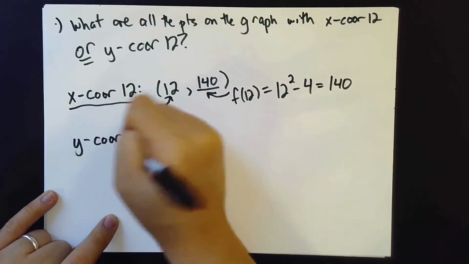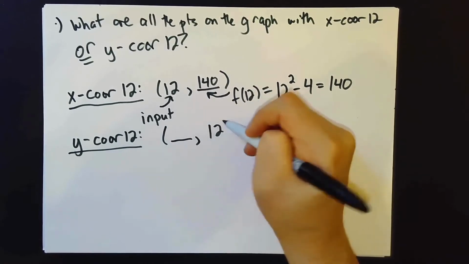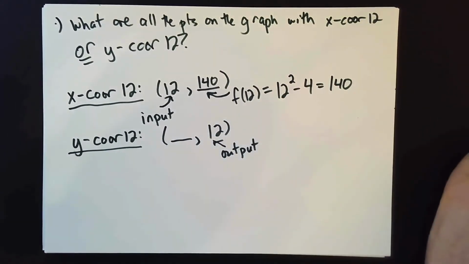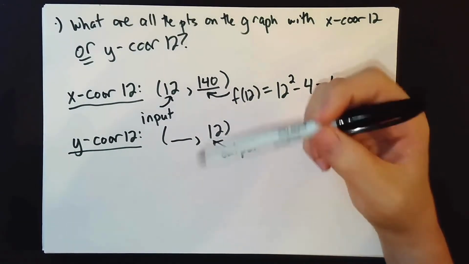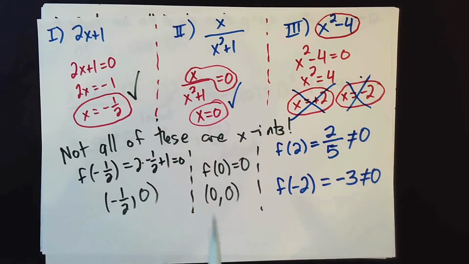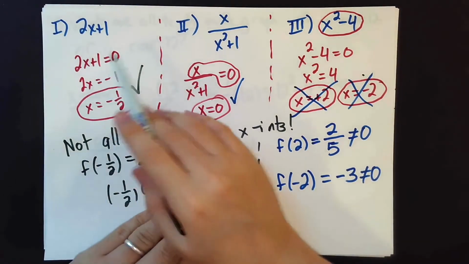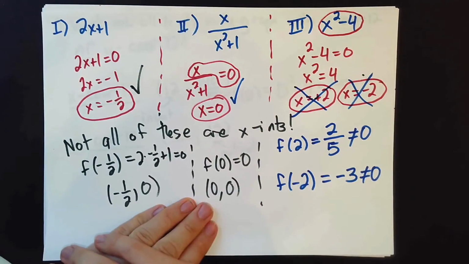What about y-coordinate 12? Well, now I'm looking for an output of 12. And so much like we did for the x-intercept, back in this example, I have to look piece by piece and find when each piece gives me 12.